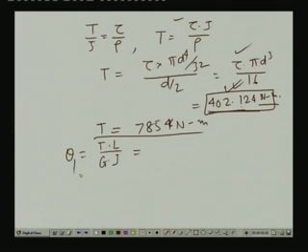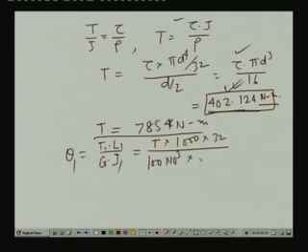So, theta 1 will be equal to T1 L1 by GJ1, and if we write this as T times L as 1000 times 32 divided by G, which is 100 into 10 to the power 3, and J will be pi d to the power 4 by 32 with d as 40, this comes as 39 into 10 to the power minus 9 T.